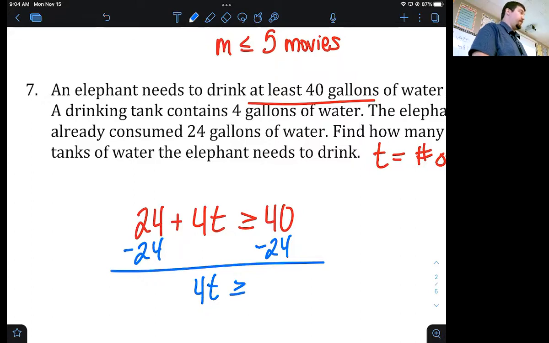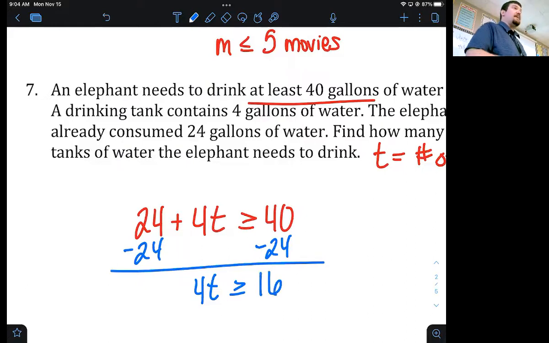She already started at 24. Positive 16. There you go.